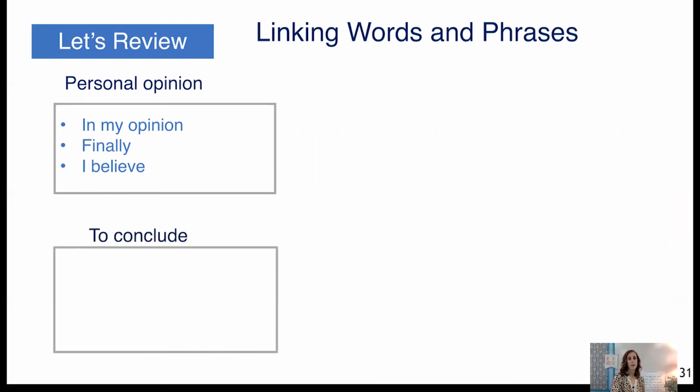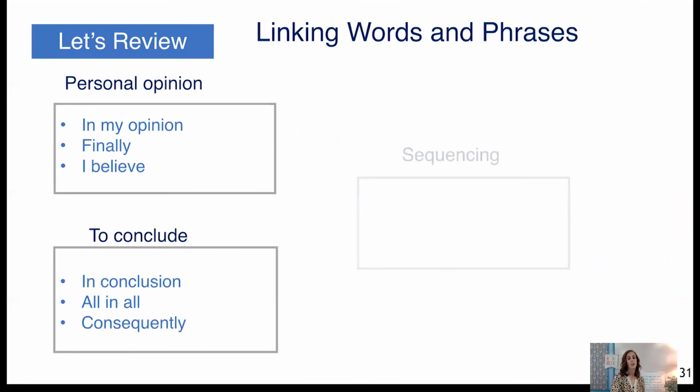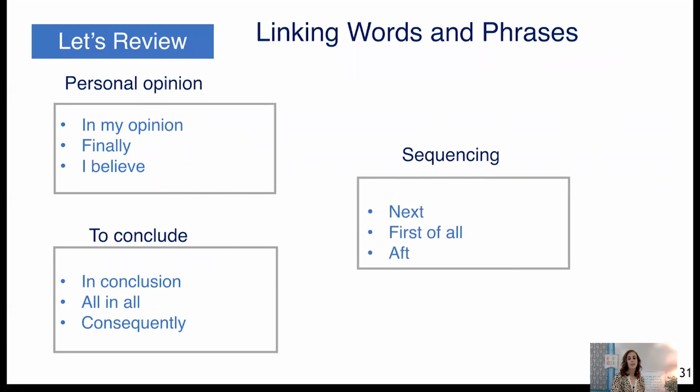Some concluding linking words and phrases are in conclusion, all in all, and consequently. And some sequencing linking words and phrases are next, first of all, and after that. There are several more linking words and phrases. Remember, these are just a few examples.